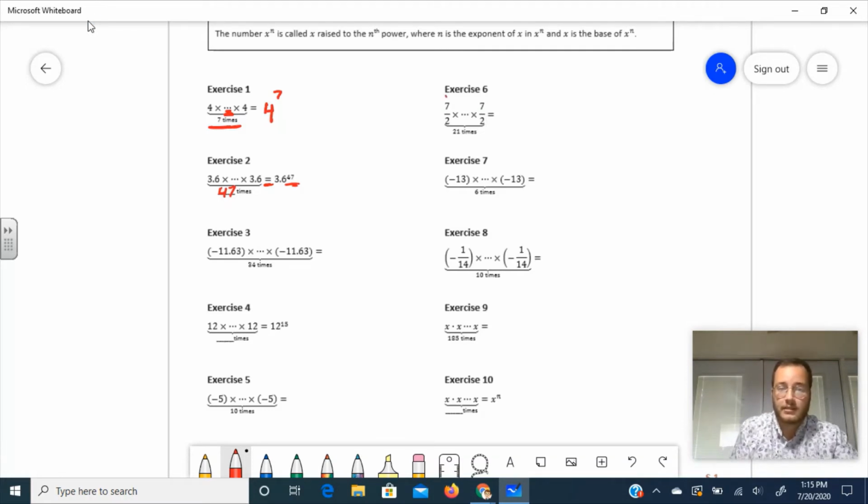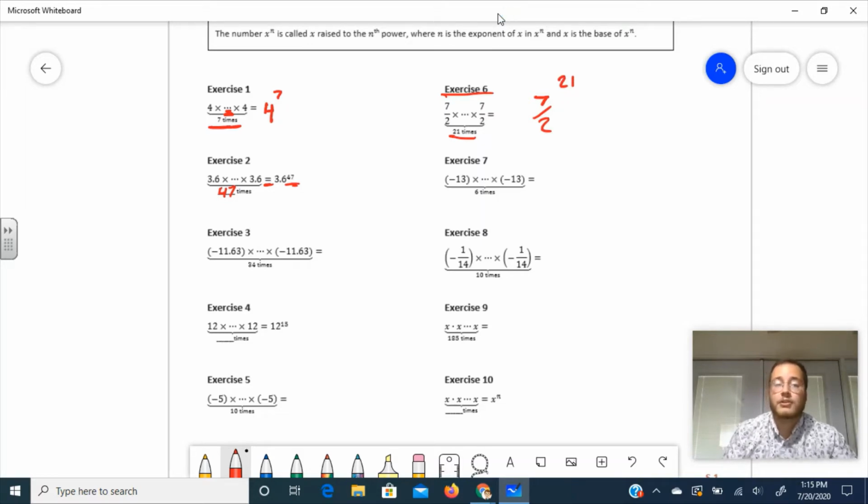Exercise 6 says 7 halves, so 7 over 2, times 7 halves over and over and over again for a total of 21 times. Now, what this means is 7 halves is being multiplied 21 times until it ends. So my base is going to be 7 halves, and my exponent is going to be 21. Now something is missing right here.